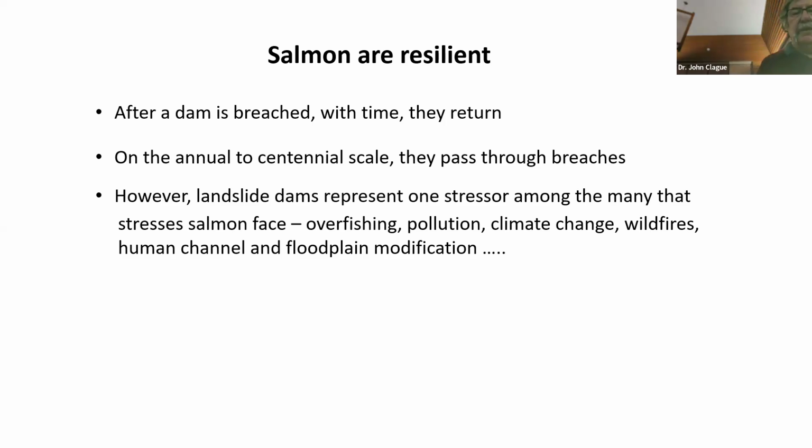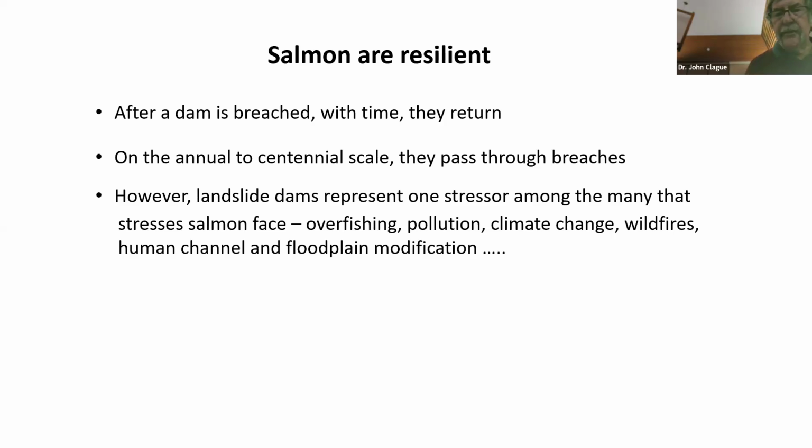Part of me says, I'm going a little bit off topic here, that landslide dams are partly one stressor to salmon. They're an ephemeral stressor, but of course we know in the last couple hundred years how they're being stressed as a result of human activities.